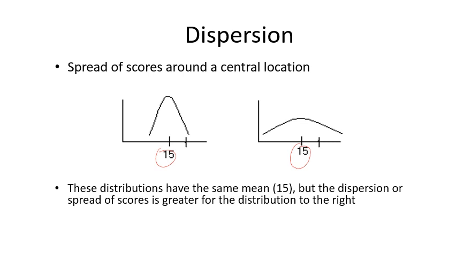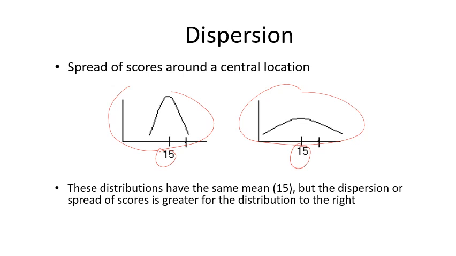If you just have a mean of 15, you just have your measure of central tendency. You don't have anything else. In these two separate data sets, you're going to say that they're basically equal because they both have means of 15. However, when you look at how they're graphed out, you can see that even though they have the same mean, the spread of scores is very different between the two.